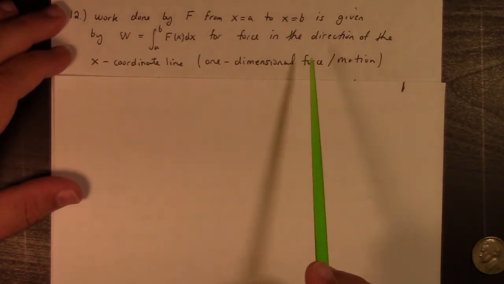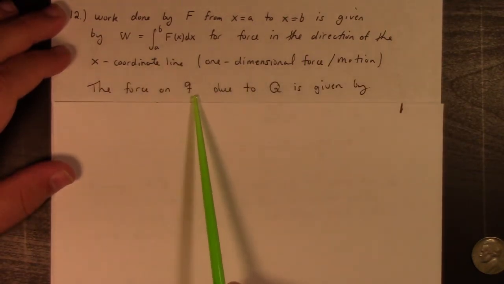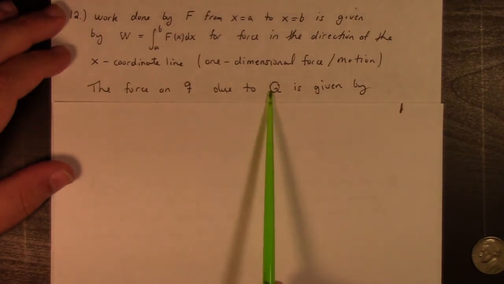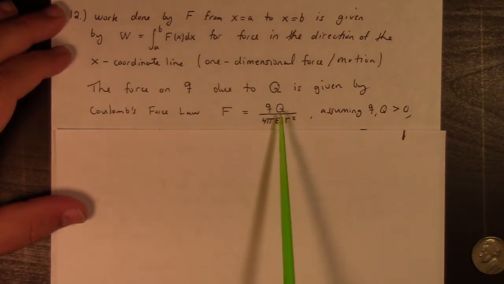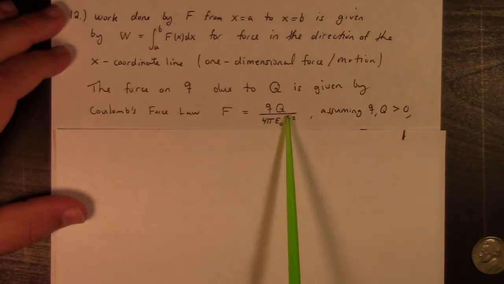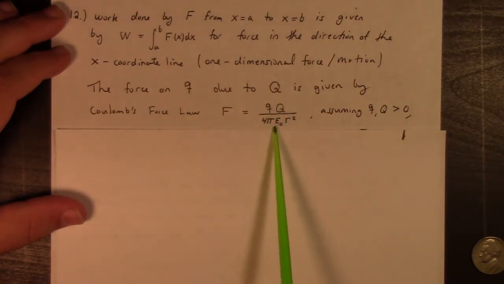So this is a one-dimensional force in motion, and we're going to be looking at the force on a charge q due to a charge big Q by Coulomb's force law, which is qQ over 4 pi epsilon naught r squared. This is the permittivity of free space. 1 over 4 pi epsilon naught is also sometimes denoted k in physics.